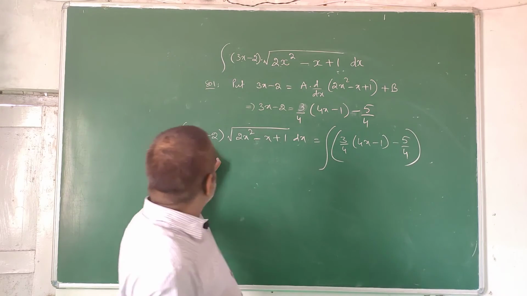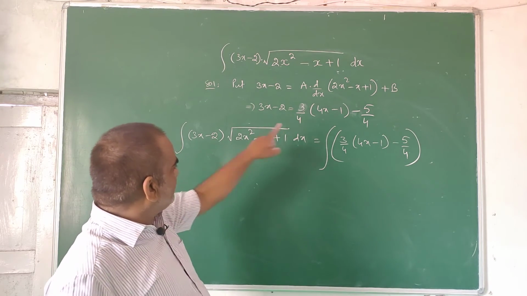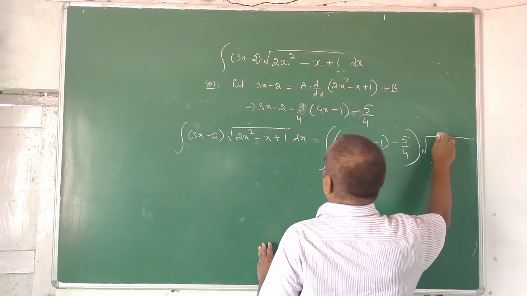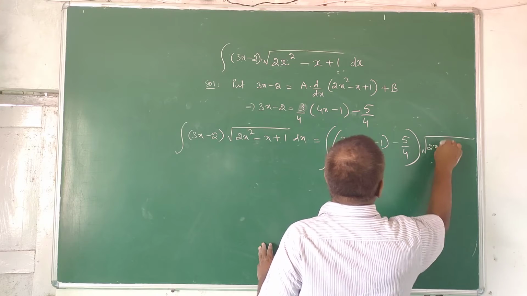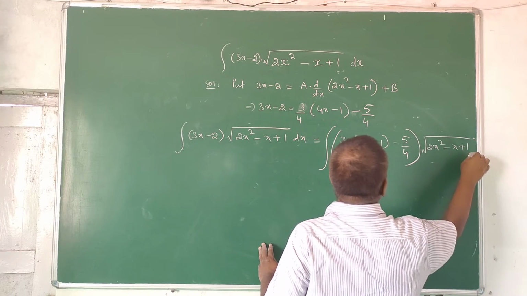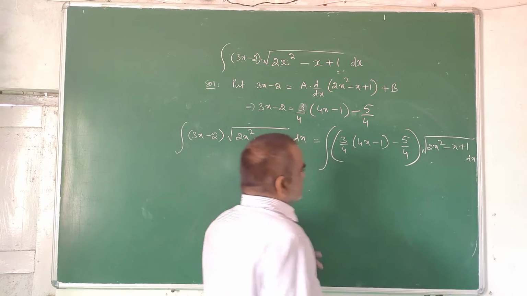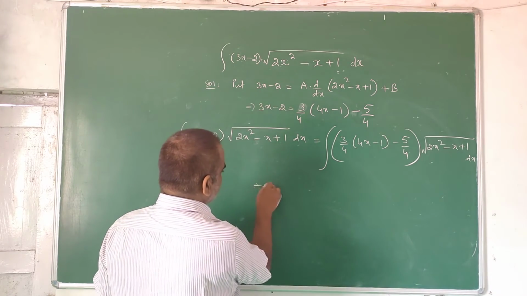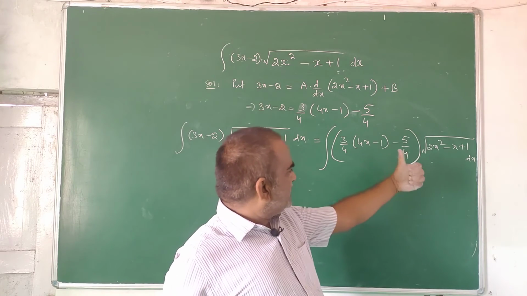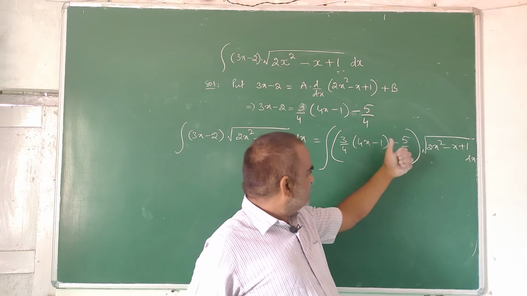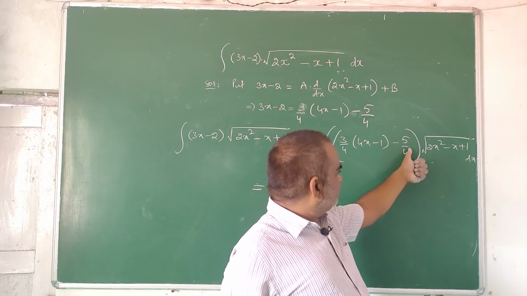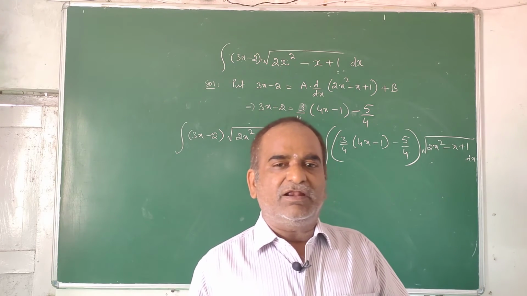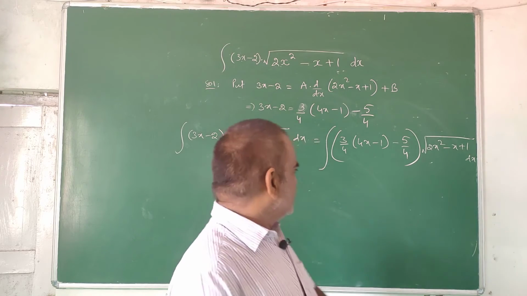So I replace 3x minus 2 with its equal value into root over 2x square minus x plus 1 dx. So this is equal to, now if you multiply like (a minus b) into x, it is ax minus bx.